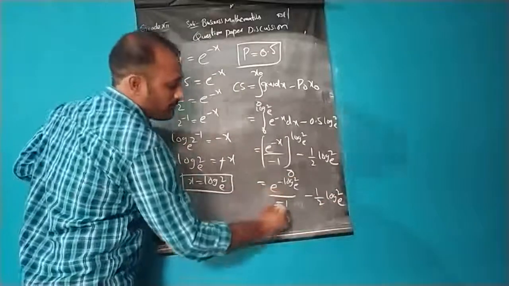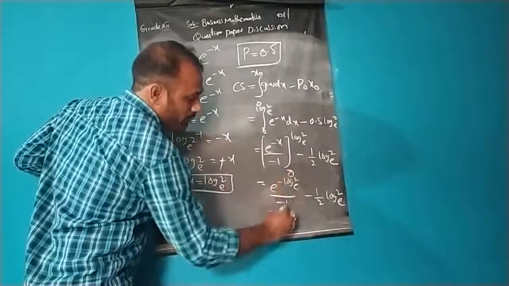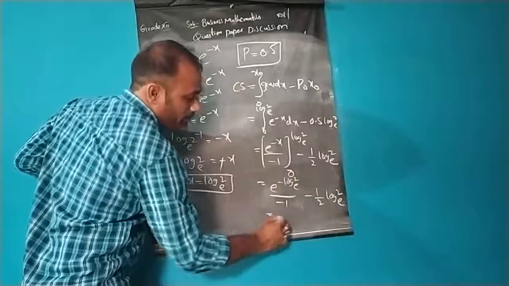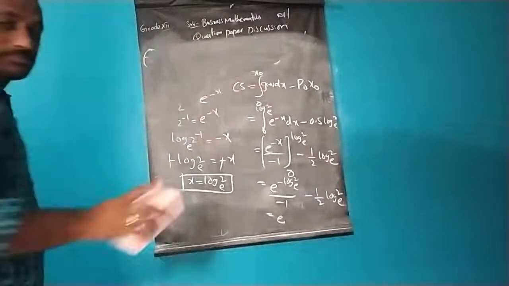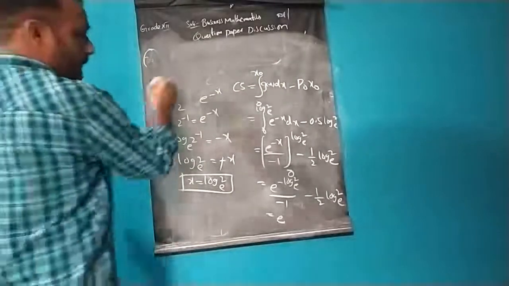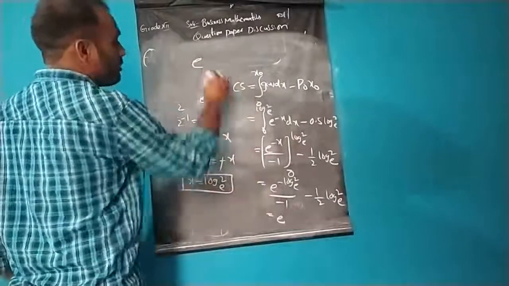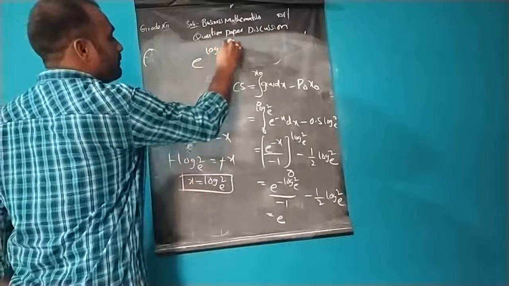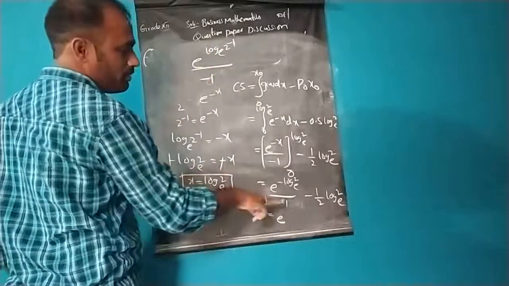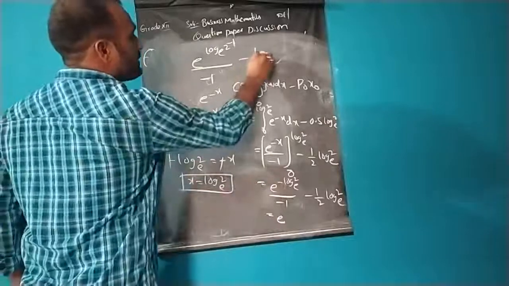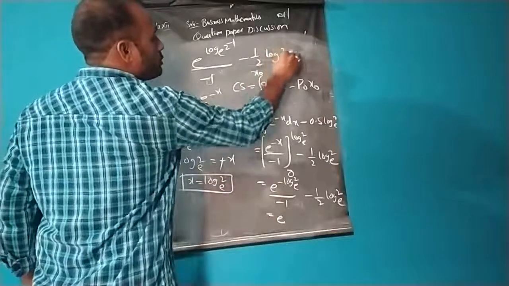So this minus 1, if I transpose it, will become e power log e 2 power minus 1 divided by minus 1, minus 1 by 2 log 2 to the base e.